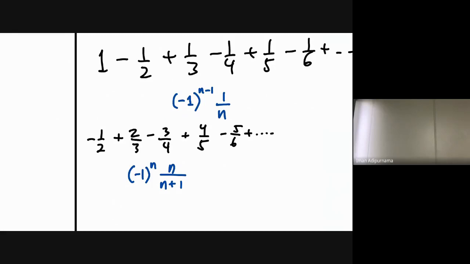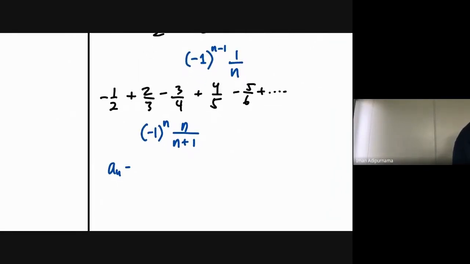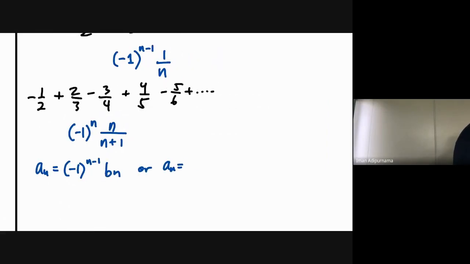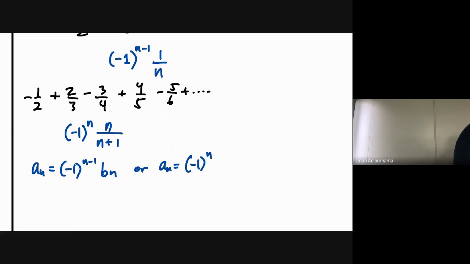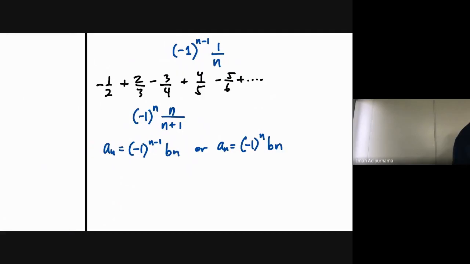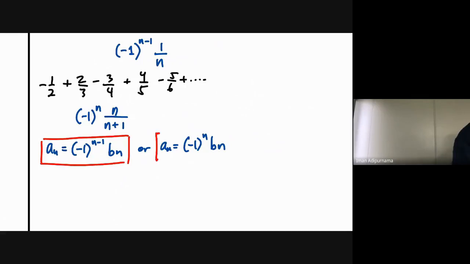Okay. So we can write down the an is either this or this, depending on which terms at the beginning having positive or negative.